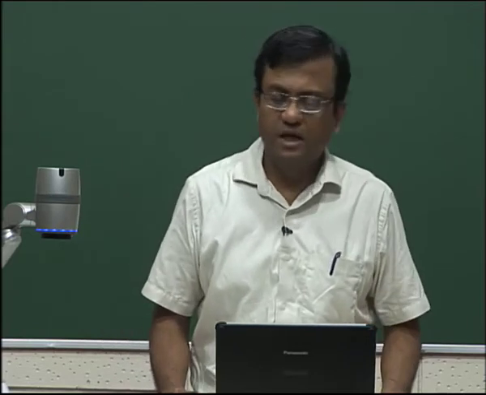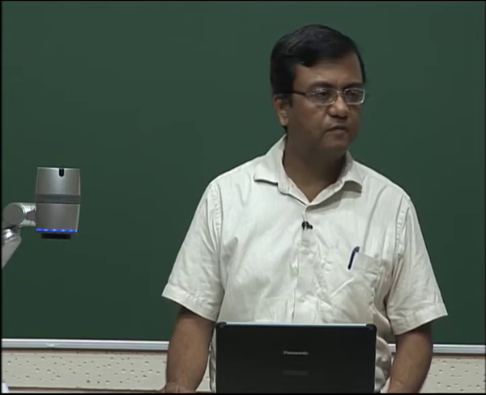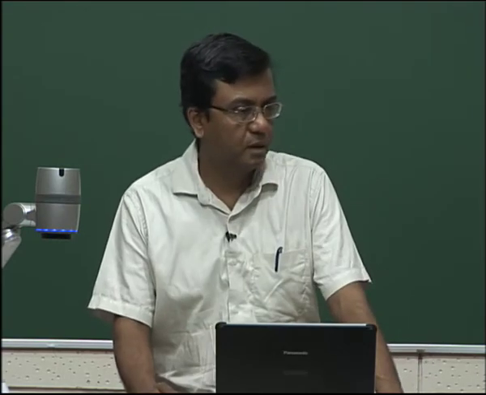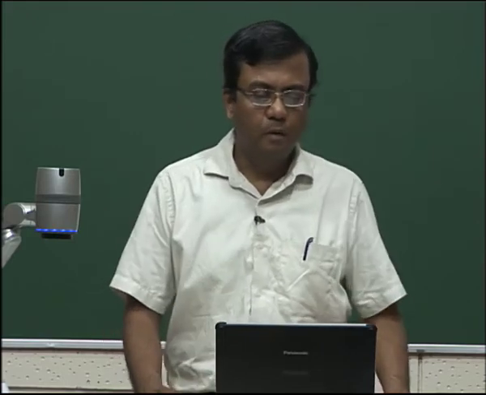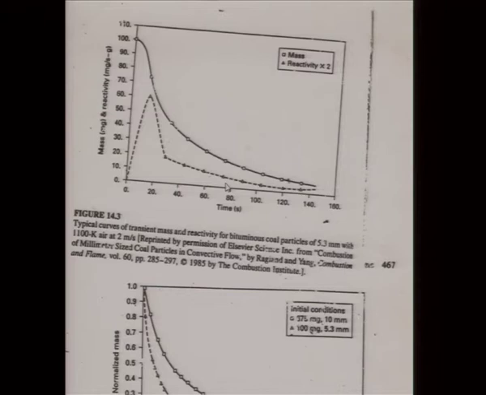So there is a sudden change, right? In the initial part you see that there is a fast rate of mass loss, and then the mass loss goes down. If you think about it, this must be because it had strong pyrolysis to begin with, and it had a flame around it, and then the flame got extinguished, and then it became just a char combustion sort of situation.